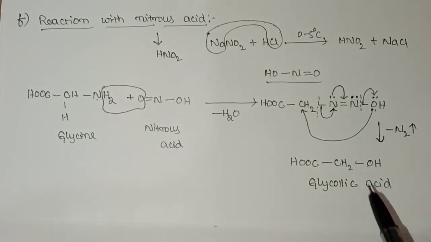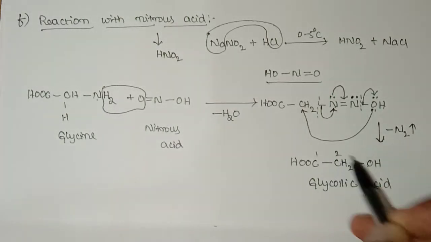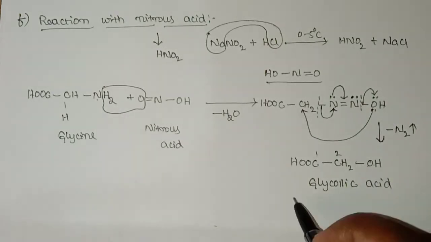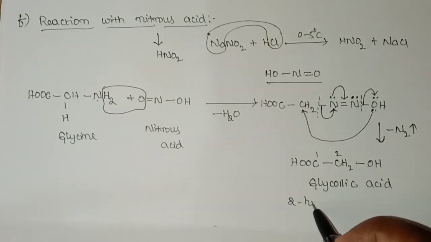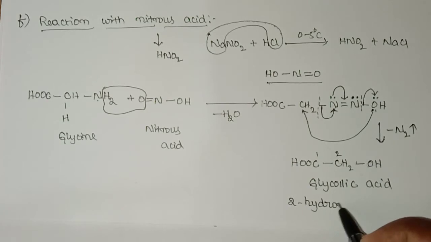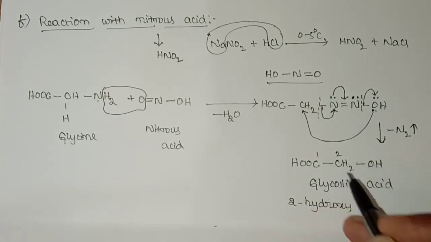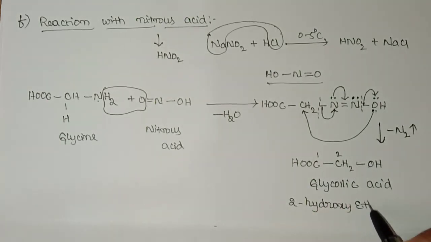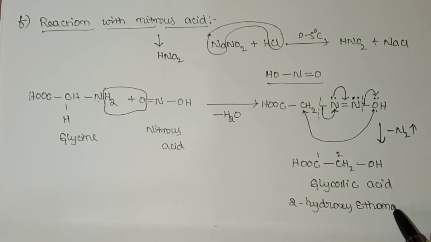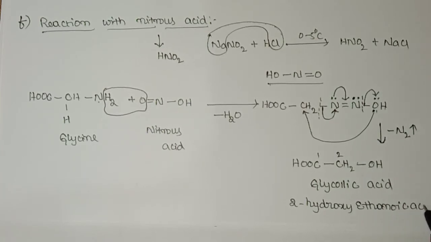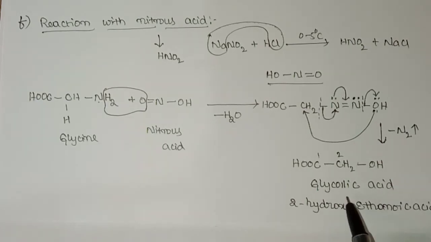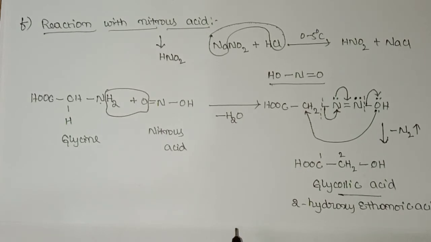In the IUPAC system, it is C1, C2. At the second position we have an OH group, so it is 2-hydroxy. There are two carbon atoms in the parent chain, so it is ethane, and since it is a carboxylic acid, we call it oic acid. So the full name of this material is 2-hydroxy ethanoic acid, or simply glycolic acid.